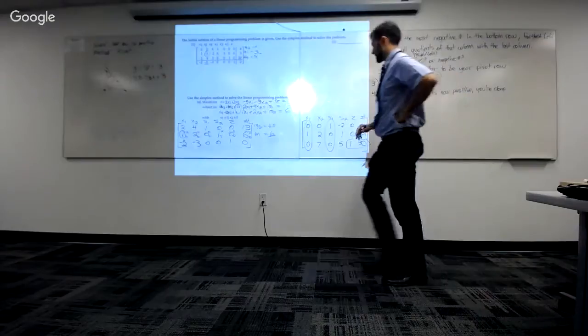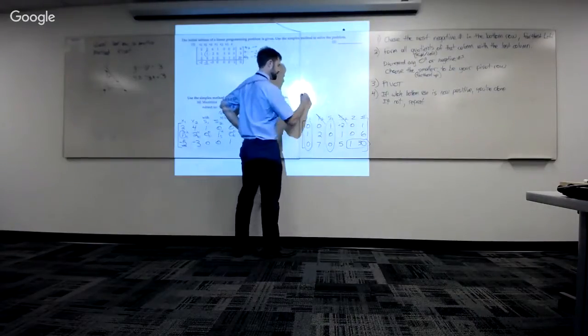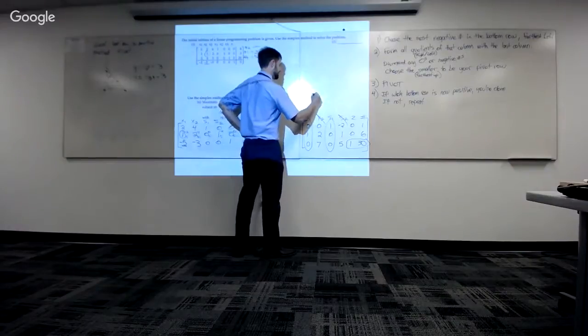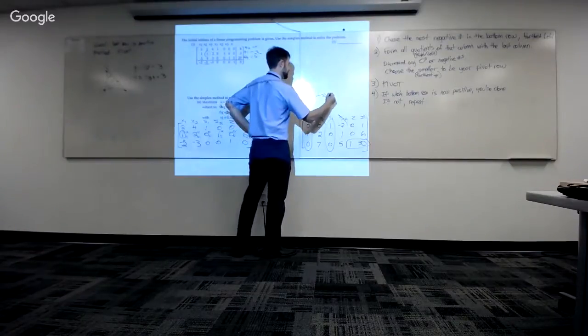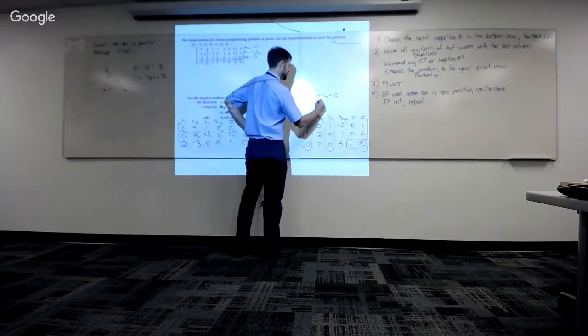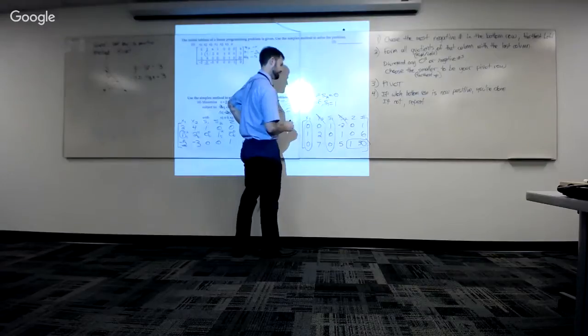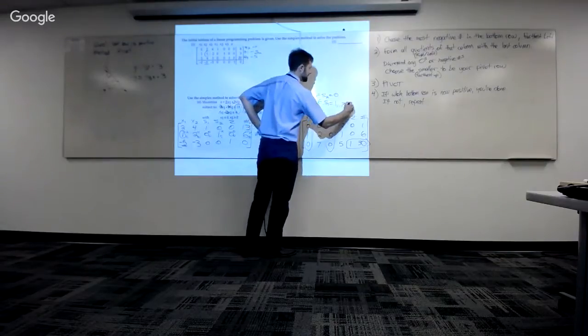So for this particular problem, you would say, provided that x2 and s2 are both equal to 0, then x1 is equal to 6, slack 1 is equal to 1, and z is equal to 30.